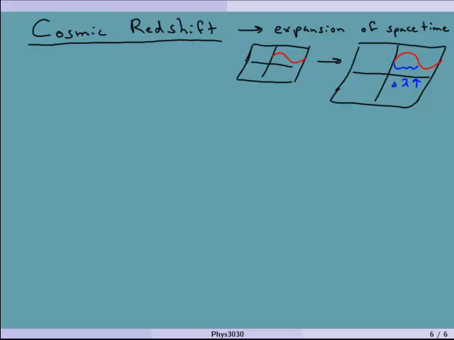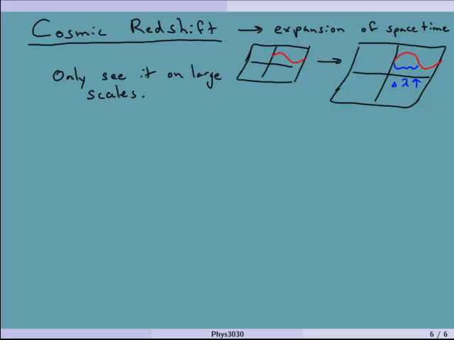And so this cosmic redshift is due to the expansion of space and time, and we only see it on large scales. And that's why everything that's really far away from us looks redshifted. We only really see it when things are really far away on large scales.